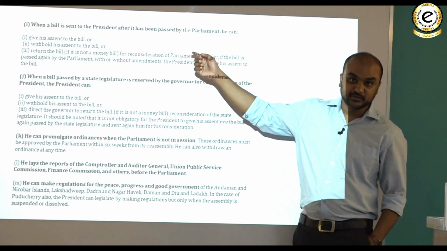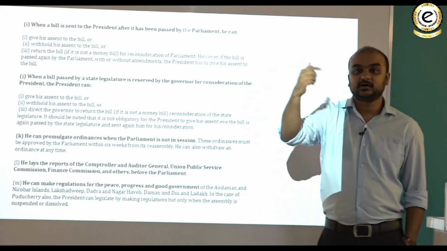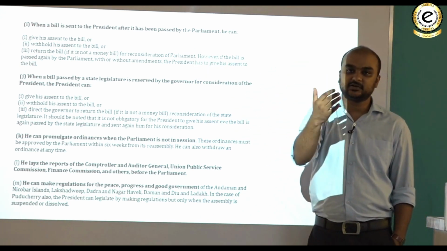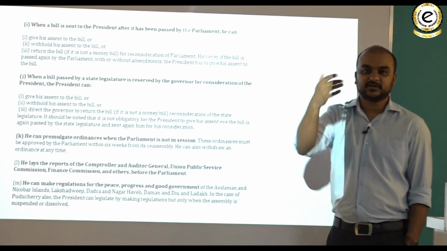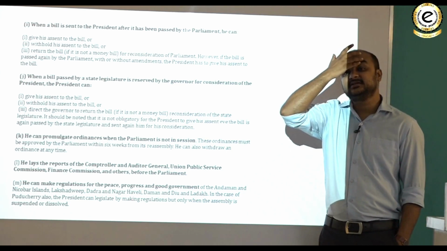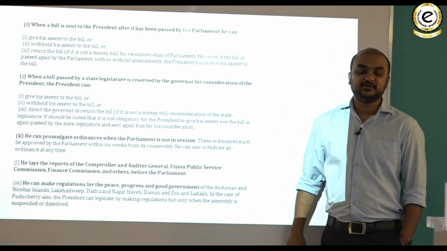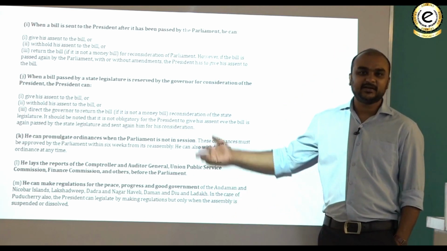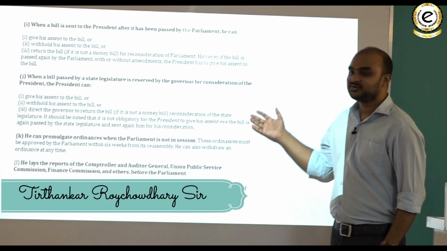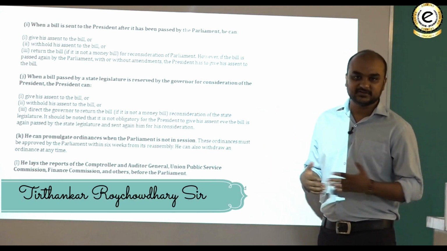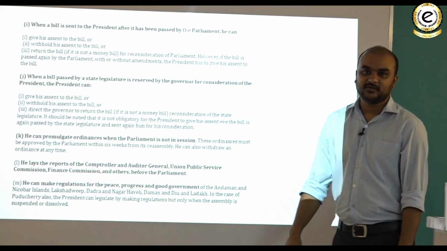In case of a union law, it is a compulsion, whereas in case of state bills which are reserved for the consideration of the President, it is totally at the mercy of the union executive. And that's why several constitutional experts say that the Indian Constitution is quasi-federal, because there is a central control over the state legislature.